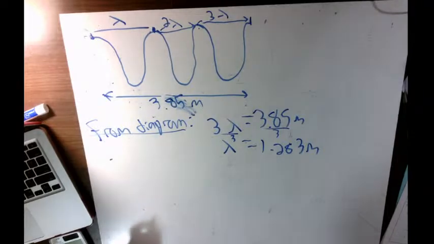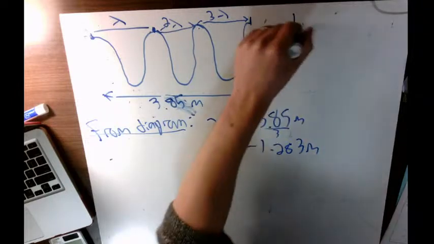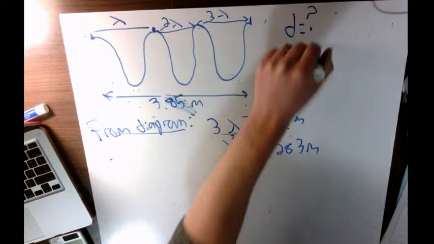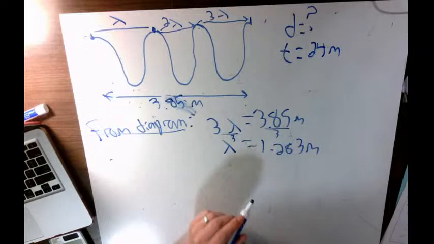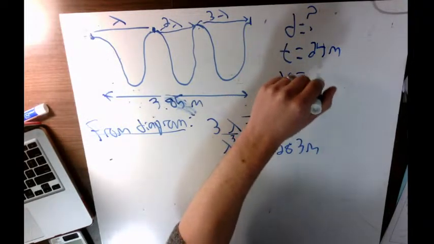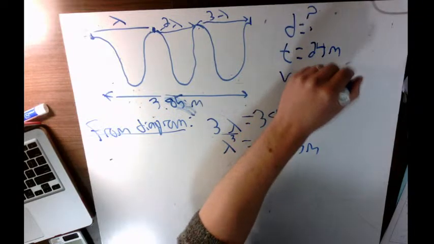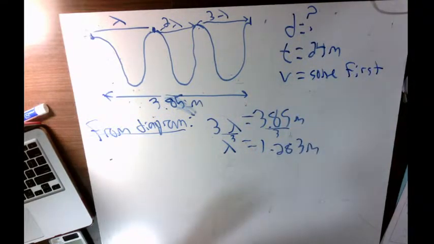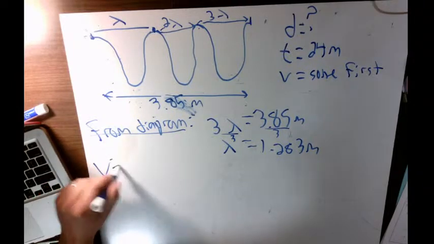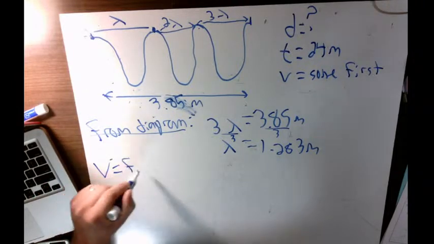And frequency. In the end, the question wants us to determine the distance. It gives us a time of 24 minutes. In order to find a distance with a time, we need to find the speed. We're going to solve that first. In order to find speed, we need frequency and wavelength.